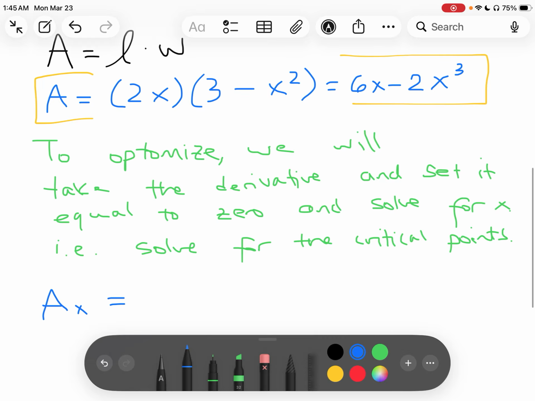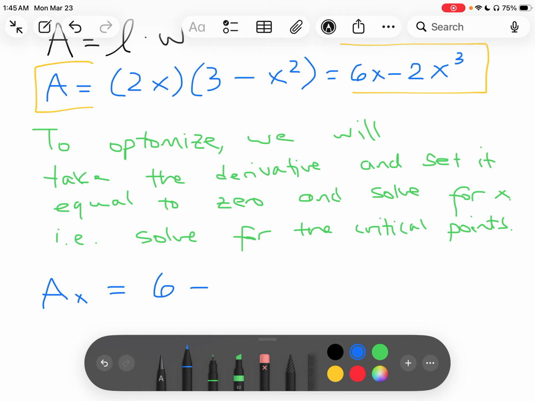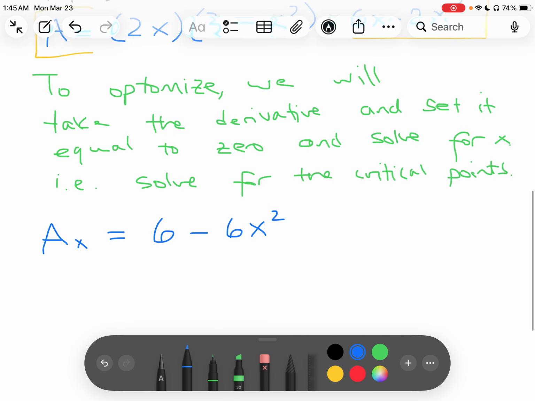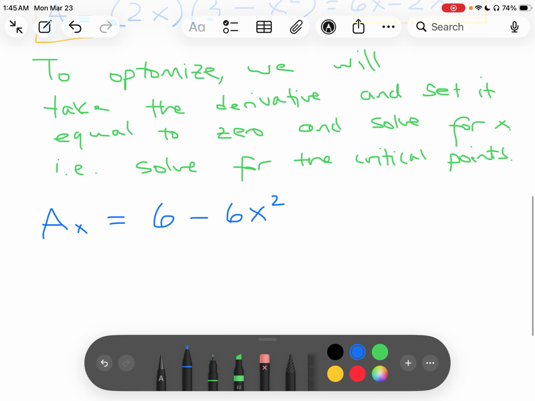So the derivative is the derivative of 6x, that's just 6, minus the derivative of 2x cubed, so that's 2 times 3, which is 6x squared, and then subtract 1 from the exponent. So that's the derivative of A with respect to x.